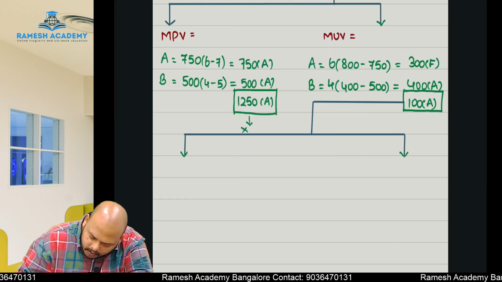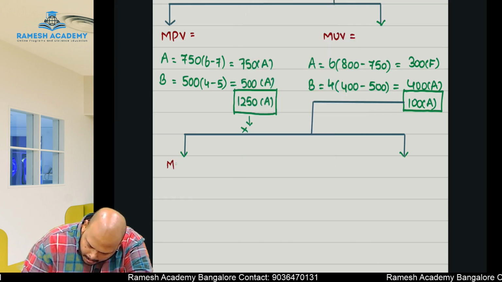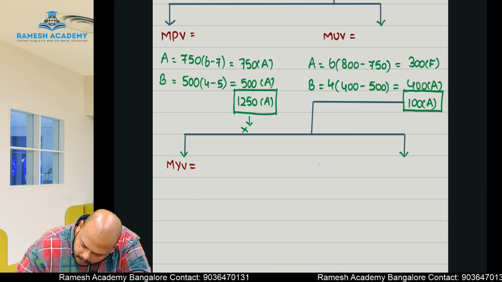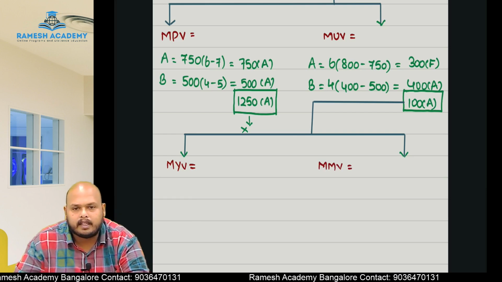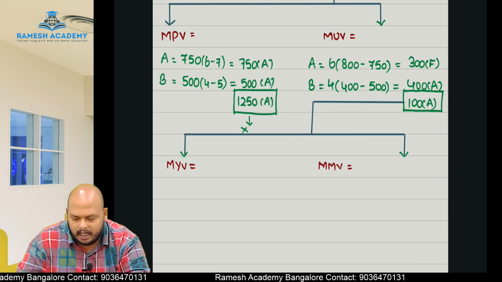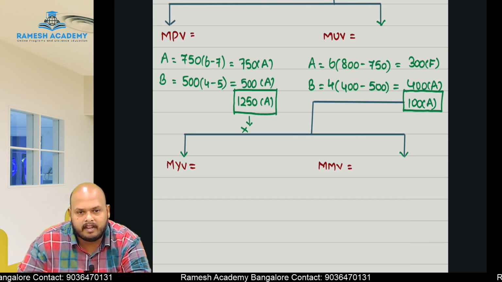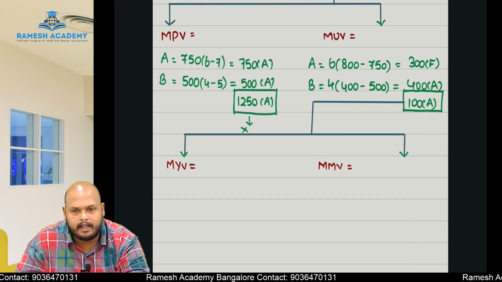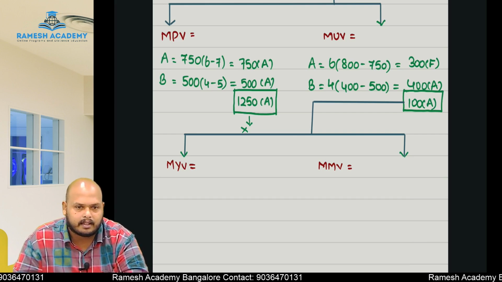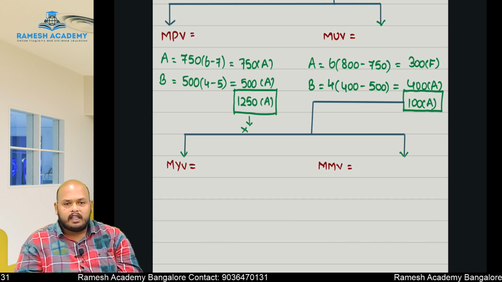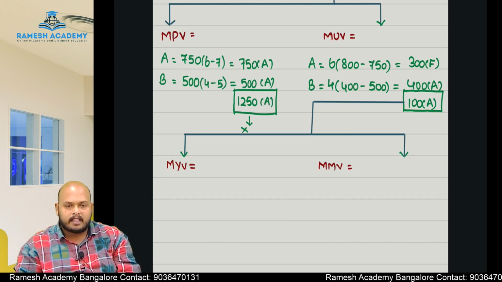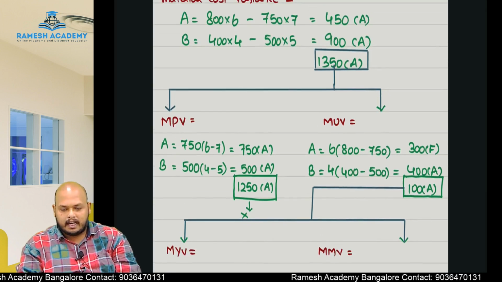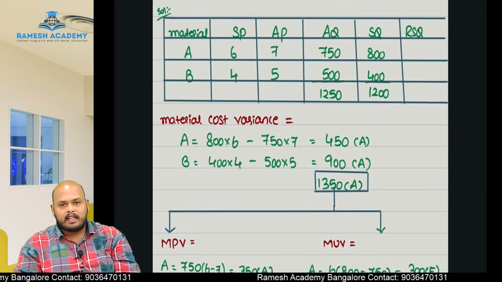The first one is material yield variance and the other one is material mix variance. In order to calculate this yield variance and mix variance, we require a revised standard quantity. What do we require? Revised standard quantity.